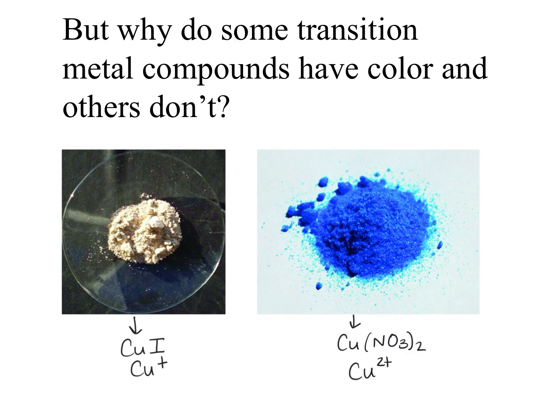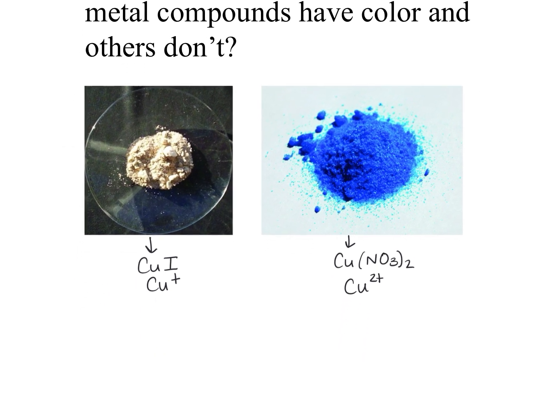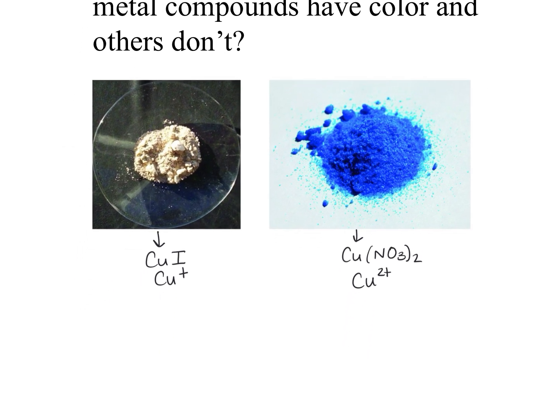And so the burning question in your heart, I hope, is why? Why do some copper complexes give us these really beautiful colors, and why are some colorless? And the answer is it depends on their atomic structure. Right? Specifically, electron excitation.